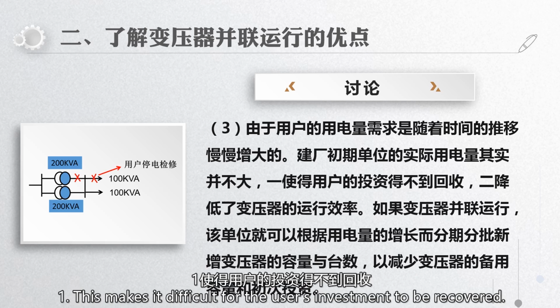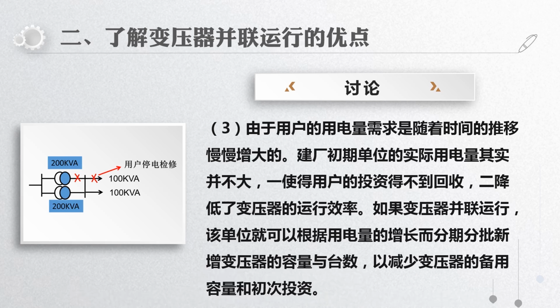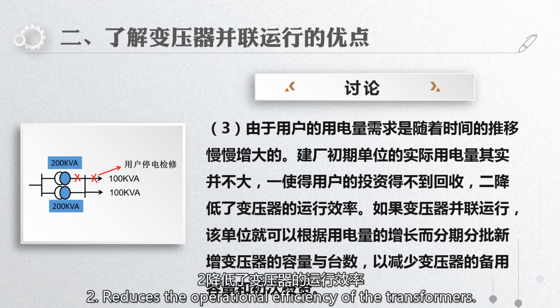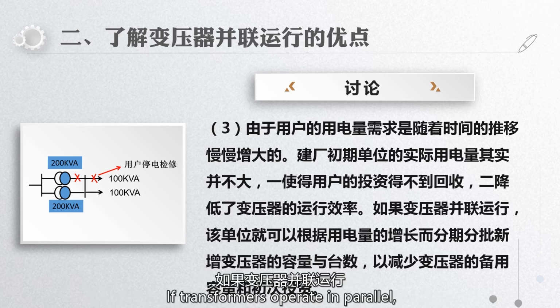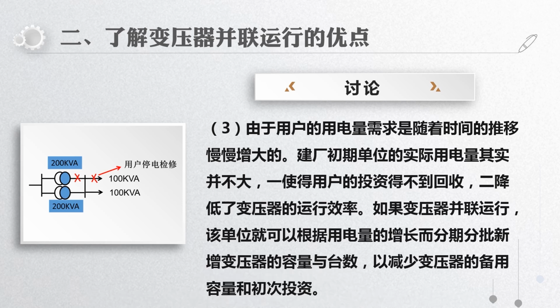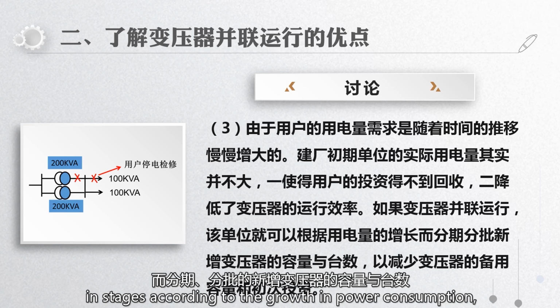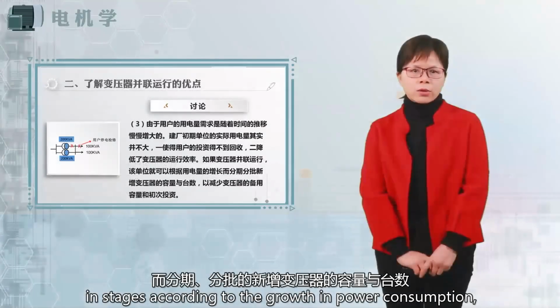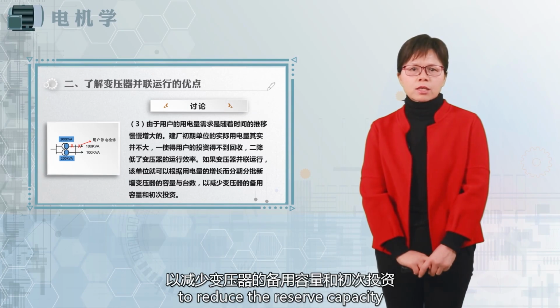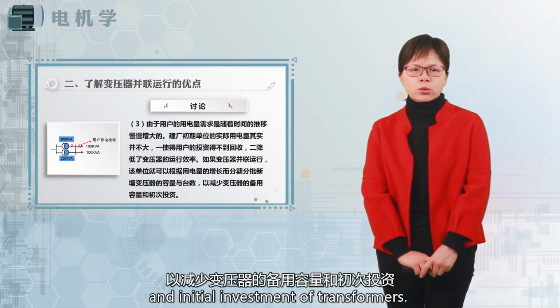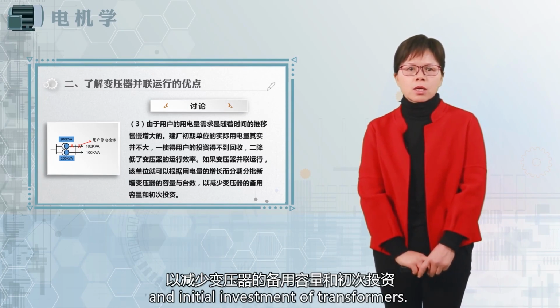This makes it difficult for the user's investment to be recovered. 2. It reduces the operational efficiency of the transformers. If transformers operate in parallel, the unit can increase the capacity and number of transformers in stages according to the growth in power consumption to reduce the reserve capacity and initial investment of transformers.